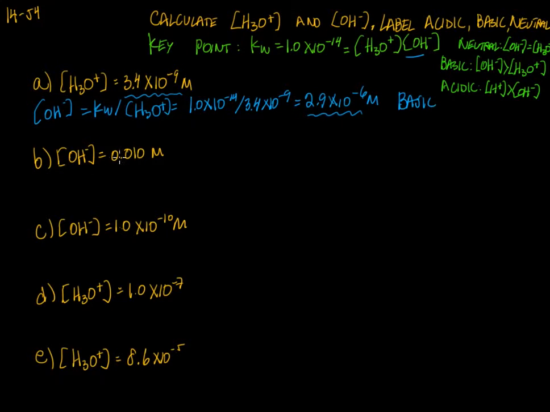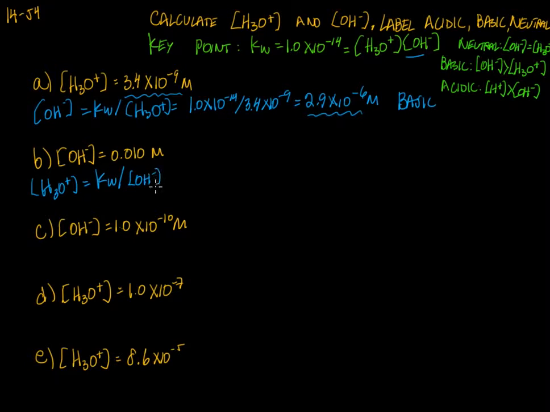Here we have hydroxide, so we have the other concentration. We take the formula for the ionization of water and we solve for H3O plus, and that's equal to Kw over hydroxide.